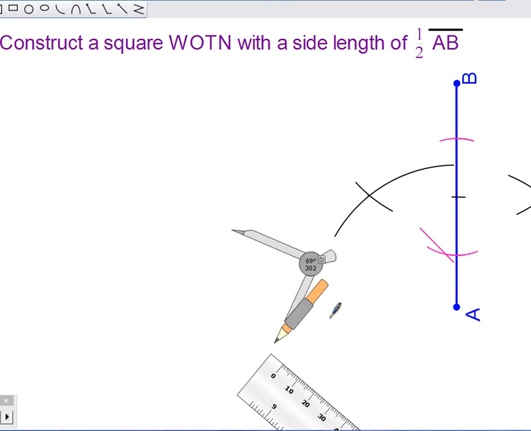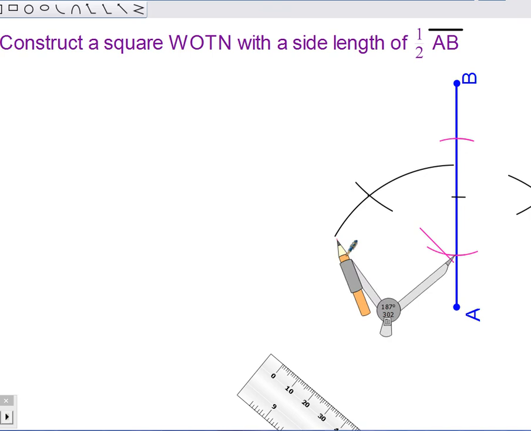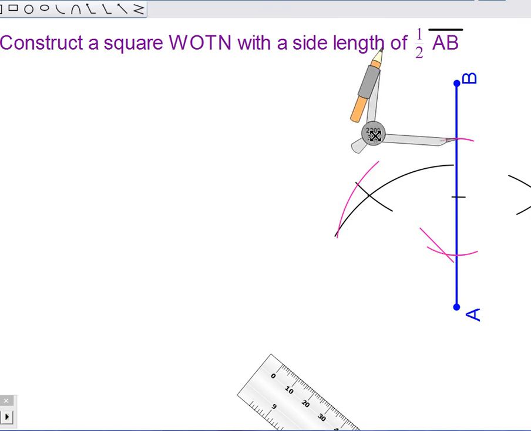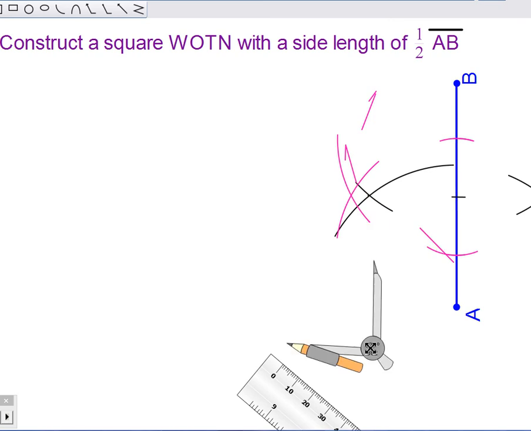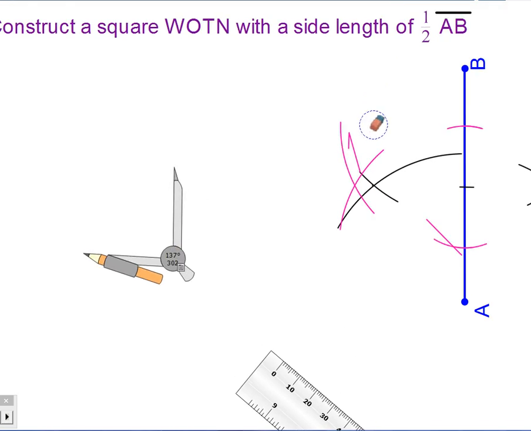I'm going to make that larger. Go to the intersection, all the way up here, over here. I'm making too many marks here. Alright, let me erase some of this stuff.